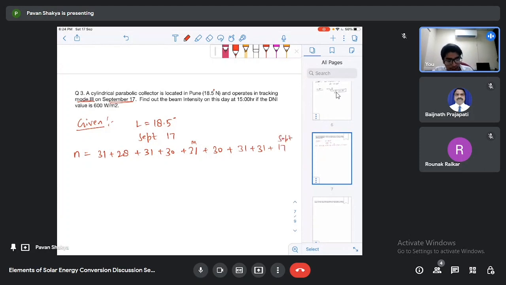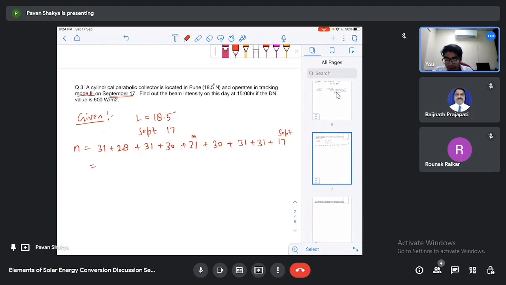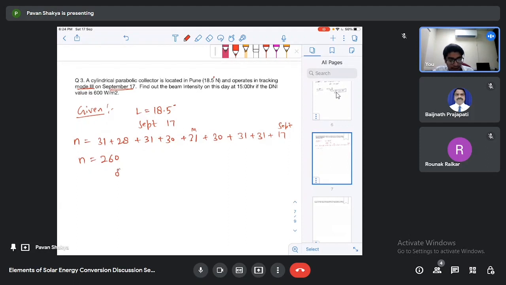When you add all these terms, you will find that this n comes out to be 260. After that we will calculate the declination angle, that is delta equal to 23.45 sine of 360 times (284 plus n) divided by 365.